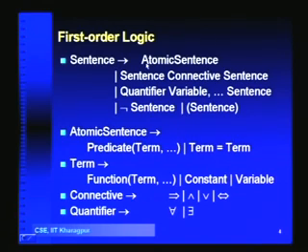So, the other kinds of sentences that you can have is two sentences with a connective in between, and a connective can be implication or and, both ways implication, or equivalence.